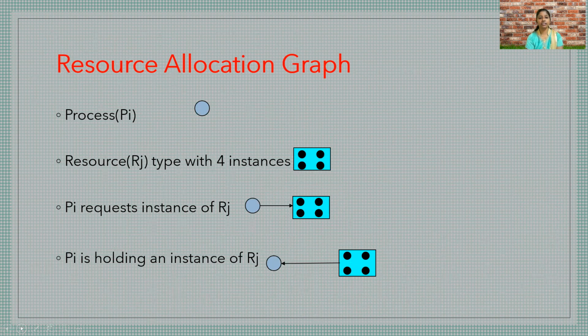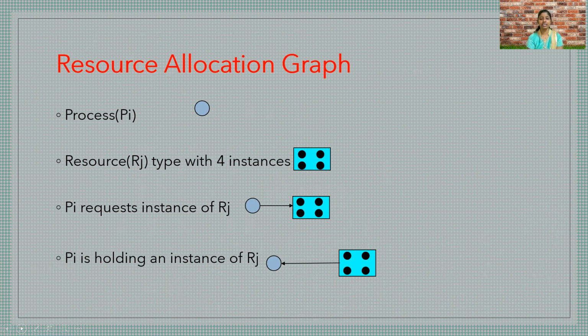So these are the components that are used in drawing the resource allocation graph. A process is denoted by a circle, the resources are denoted by rectangles, and every instance of the resource is marked with a small black inner circle.